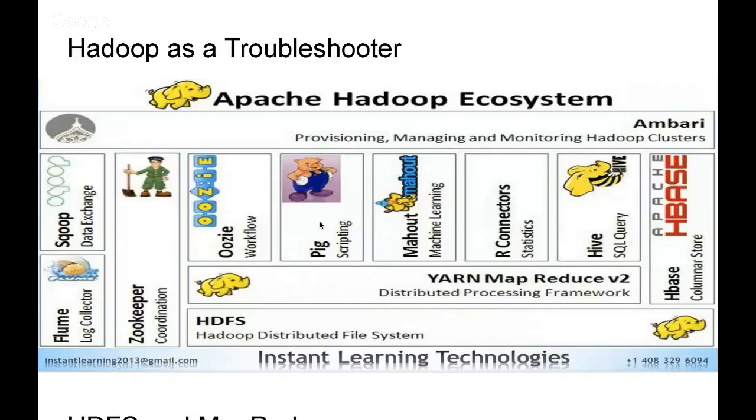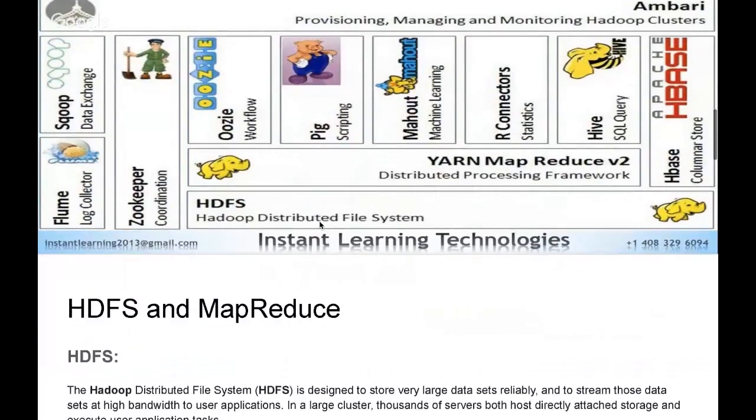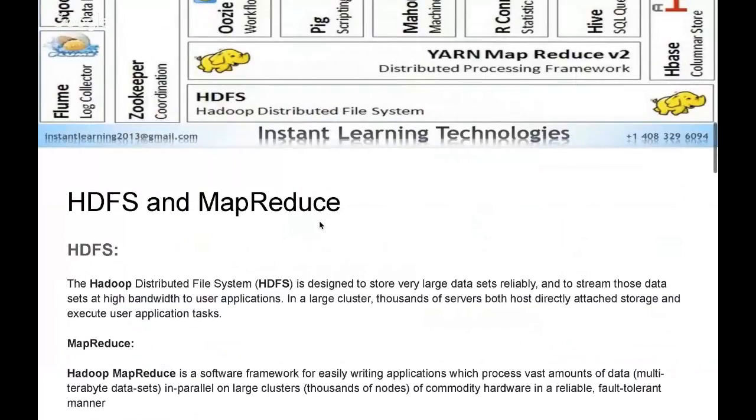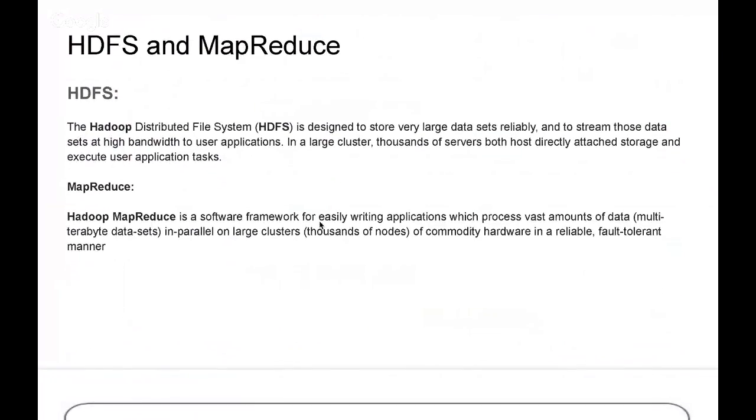It is mapping and reducing, nothing more. The mapper becomes the master and the reducer becomes the worker. HDFS and MapReduce are the two main core components of the Hadoop ecosystem. As we discussed, HDFS is for storage and MapReduce is for processing our data.